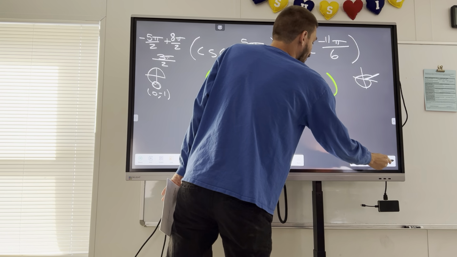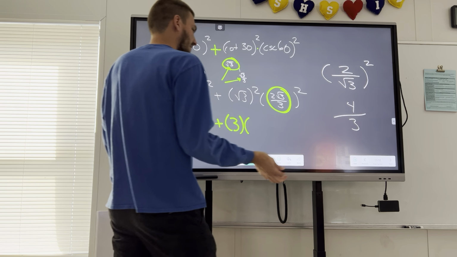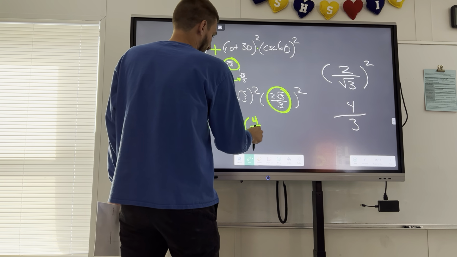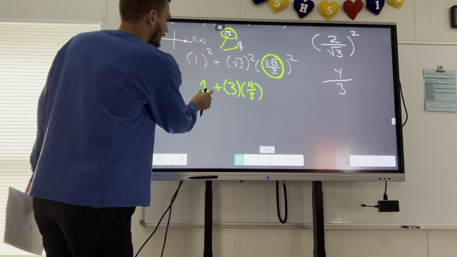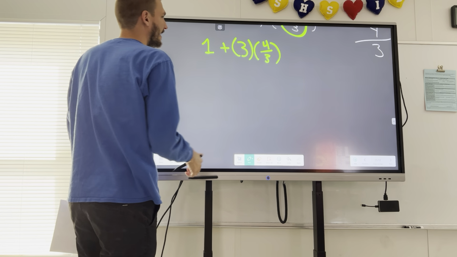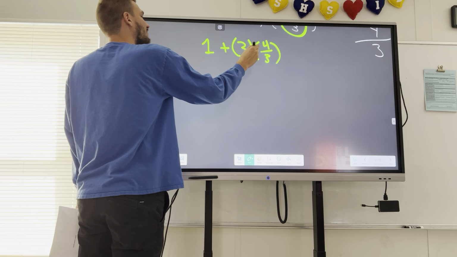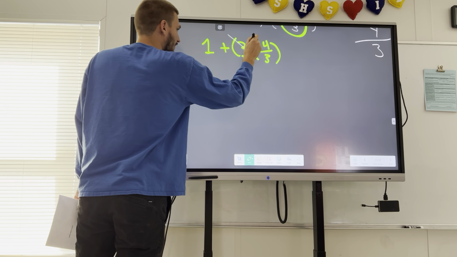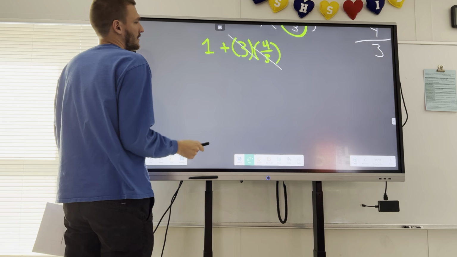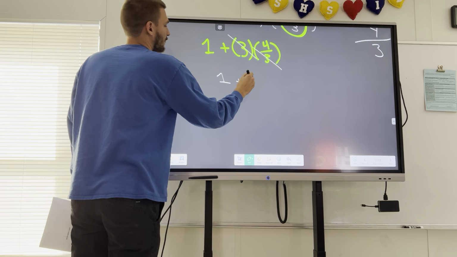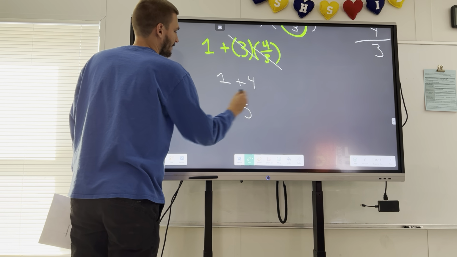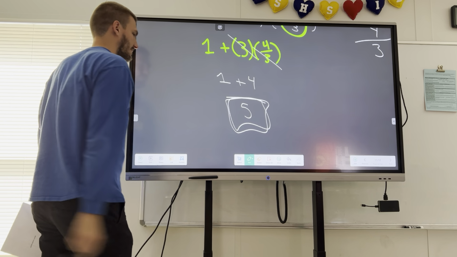And again, you don't have to do it, but it is nice. When we do that, this question ends up finishing pretty nice because we have a times 3 and a divide by 3. And so we get 1 plus 4. So we get 5.